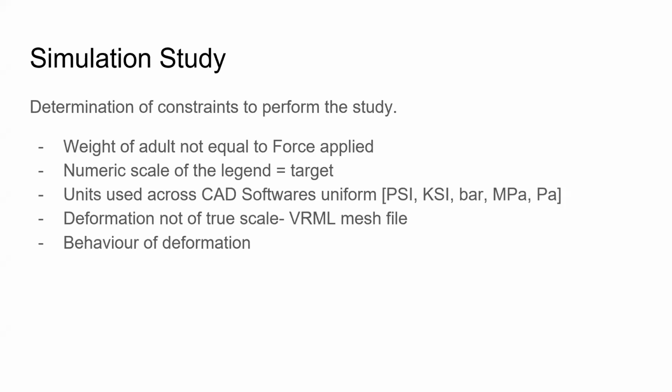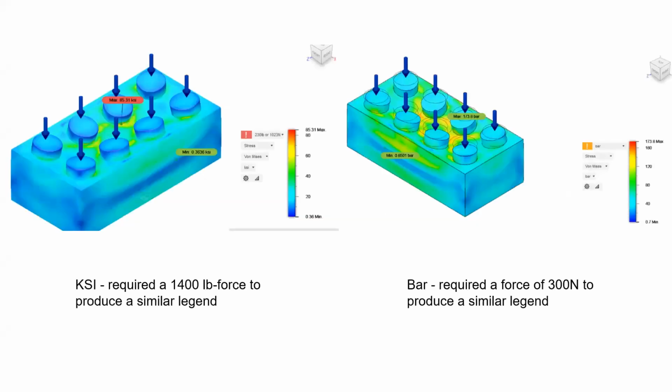And we found that the force required in each case was varying by a lot of magnitude. KSI was requiring about 1,400 pounds of force to produce a similar legend. When using a bar scale, we found the force to be about 300 newtons to produce a similar legend.